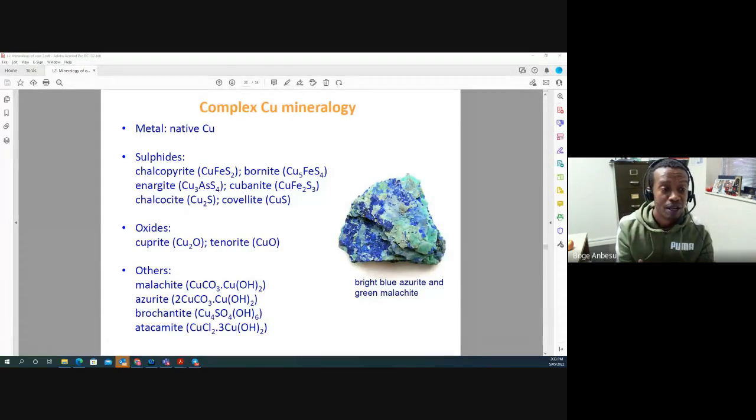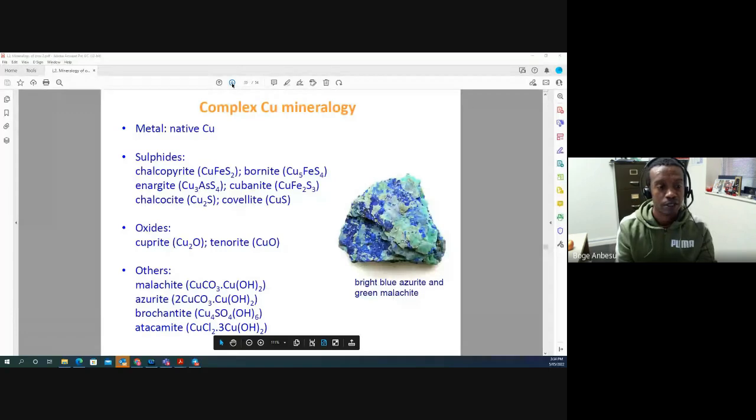One processing plant can't handle all of them, because whatever we do for sulfide copper works well for sulfide copper, but may not work well for oxide or carbonate copper. So our mineralogist should tell us at least how much sulfides, oxides and carbonates we have. Based on those, we might need to adjust our processing flow sheet to account for that variation and the complexity of the deposit itself.